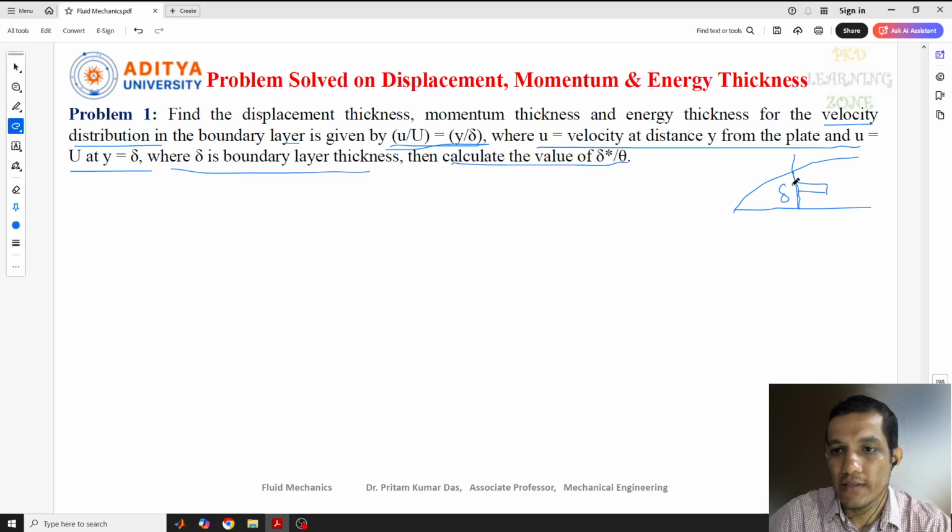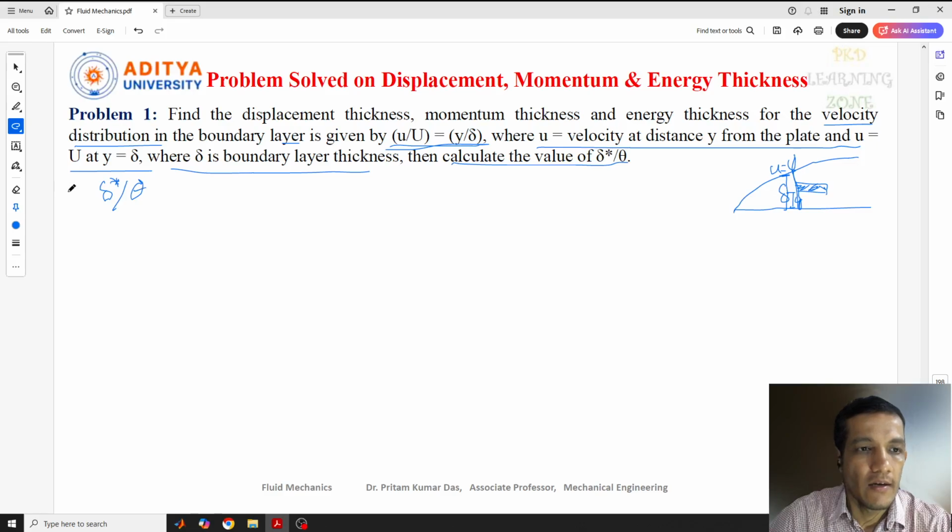At this point u equals capital U at a distance of delta. That's what is given in the question, and we need to find delta star by theta.